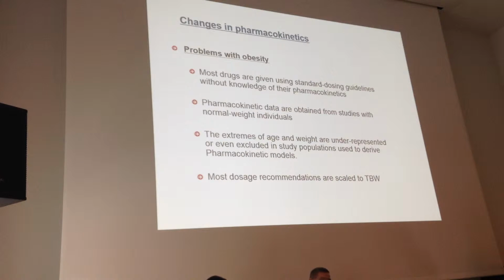Now the problem with a lot of our drugs is that most of the data that we have gathered were obtained from studies with normal weight individuals. So what they do is you eliminate the extremes of ages, the kids, the elderly, and the extremes of weight, the anorectic and the obese.